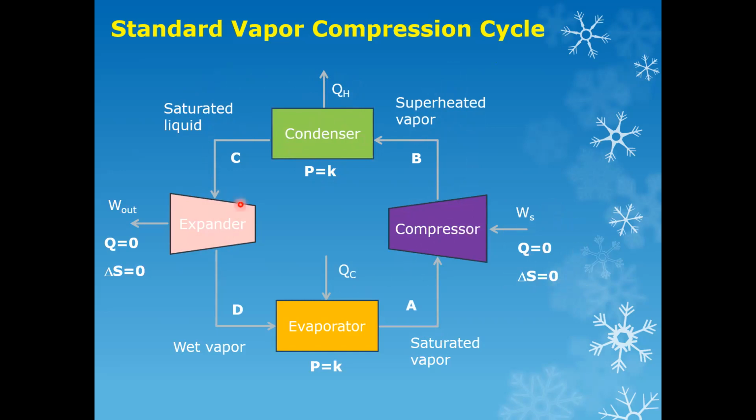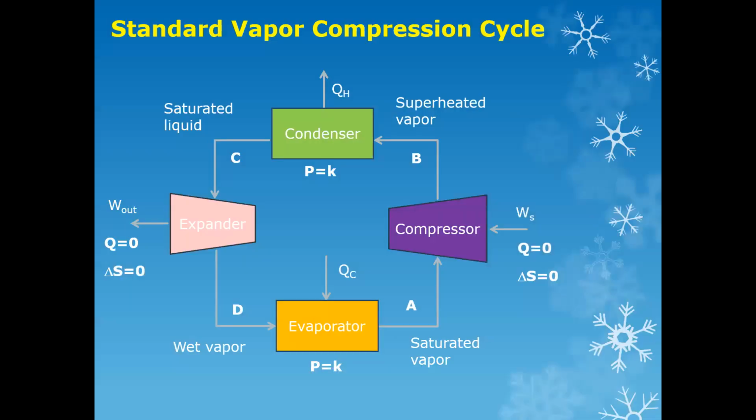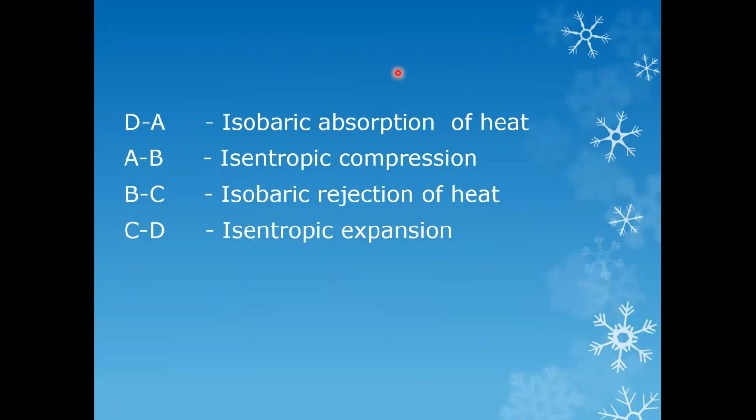By the way, the assumption for a standard vapor cycle is still that the compression and expansion processes happen adiabatically and isentropically. And for the last step, the wet vapor is transformed to a saturated vapor at constant pressure. So you have to note the differences between the standard vapor refrigeration cycle and the Carnot cycle.